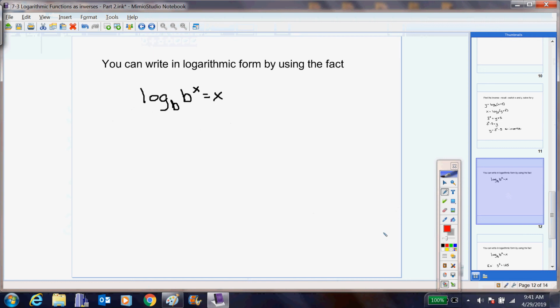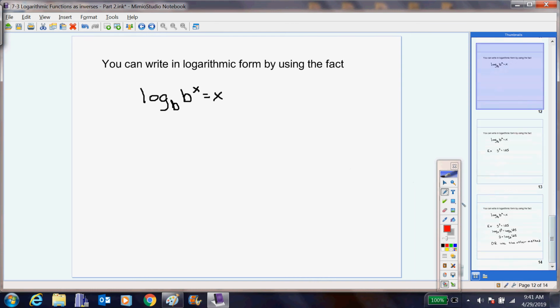So on Friday, we had looked at a certain way of solving logarithms. But there's another way that you can do it. This way works sometimes better, and the other way works better other times.